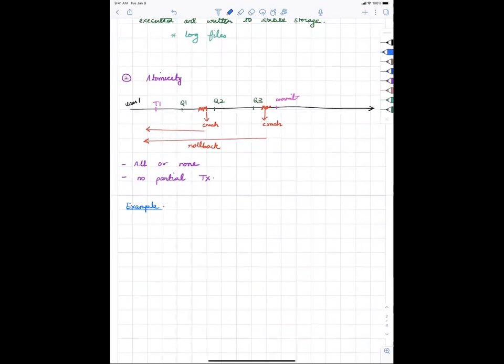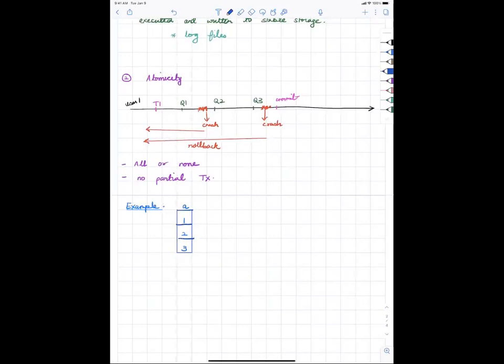Let's look at a small table. We have a table with one attribute A, and it has 3 elements, 1, 2, and 3.